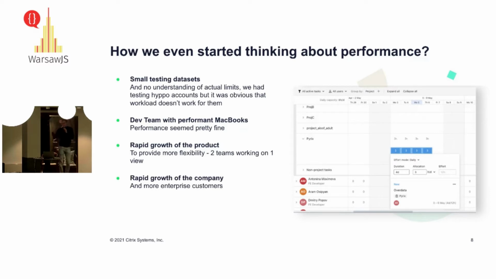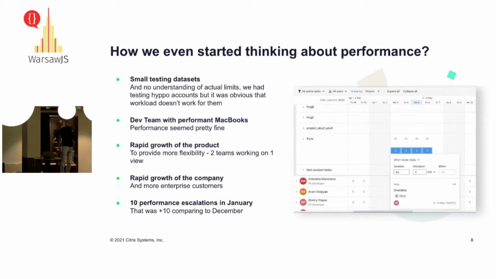And sure, the company also experienced growth, and it led to the fact that we got many more enterprise customers. And who are enterprise customers? They don't have 10 or 20 people in their teams. They have thousands of them. And they want to see this workload for thousands of people. That sounds like a really big challenge. So starting from January, we started getting performance escalations, 10 in January compared to 0 in December. Something went wrong.